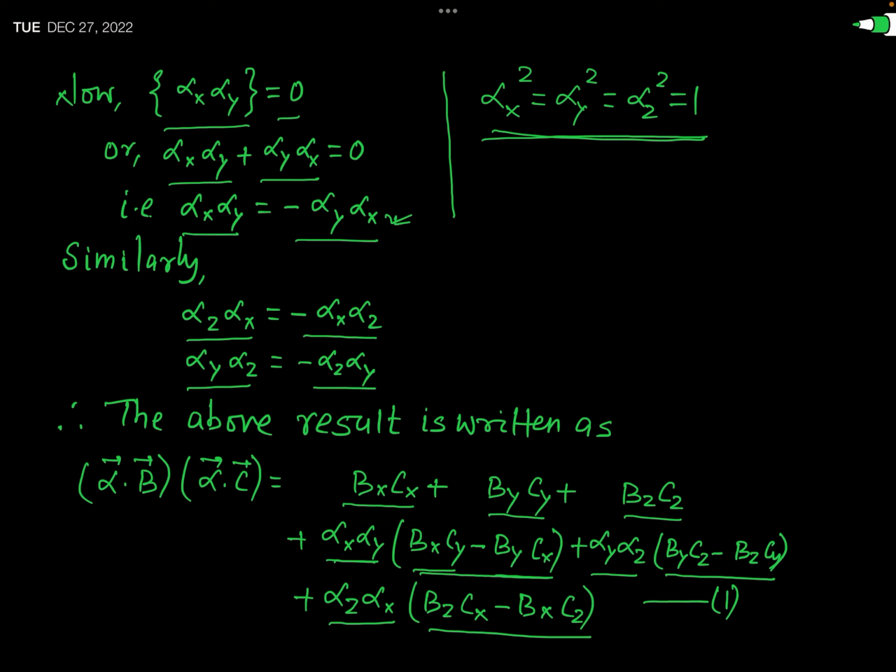Okay. So we simplify this LHS, alpha dot b times alpha dot c, equal to this much.